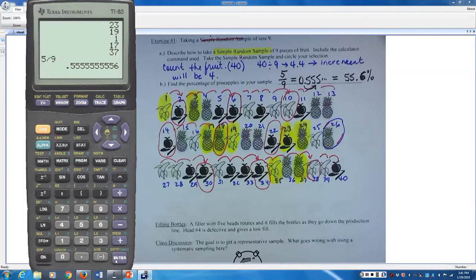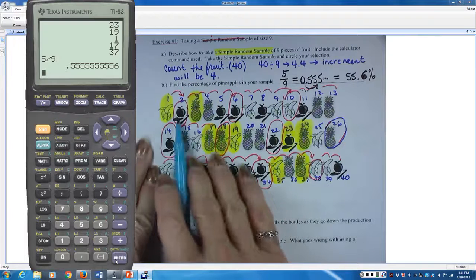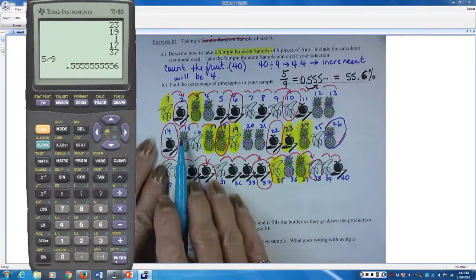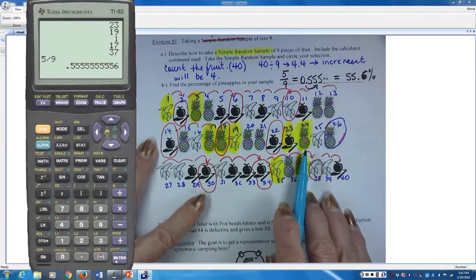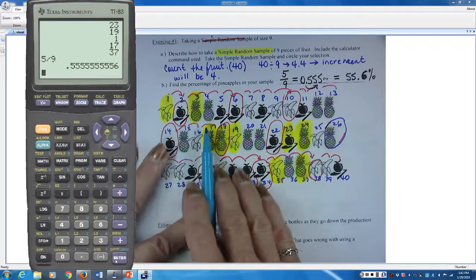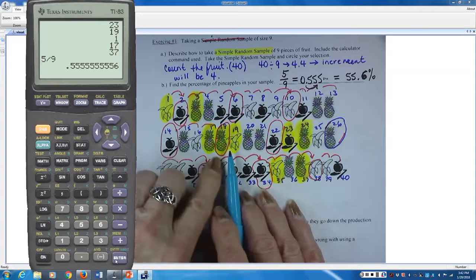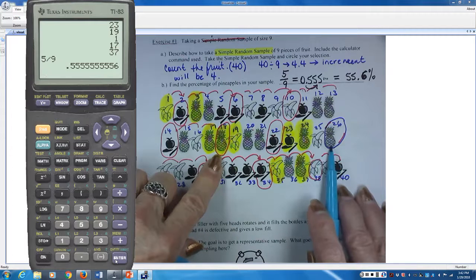So we've seen how to do a systematic and a simple random sample here. Yes, ma'am? So for the systematic, are we supposed to find the percent of just 9, even though we circled 10? In the case of the systematic, we would have to use the 10 that we chose. Okay. So if we did that, we have 10 pieces of fruit, and the pineapples that have a purple circle would be one, 2.